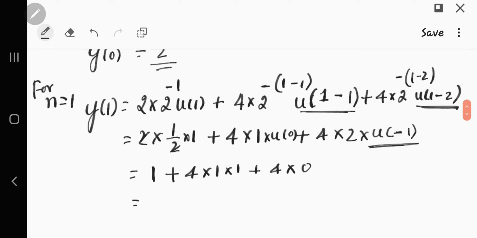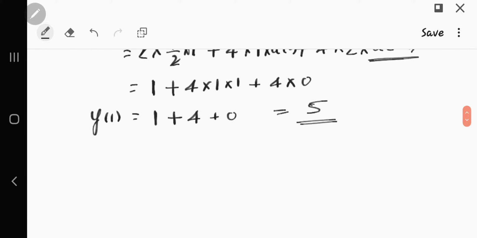So finally, 1 plus 4 into 1 into 1 is 4, plus 0, that is equal to 5. So y of 1 is equal to 5 here.